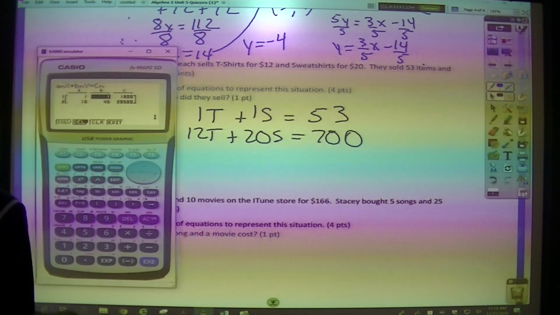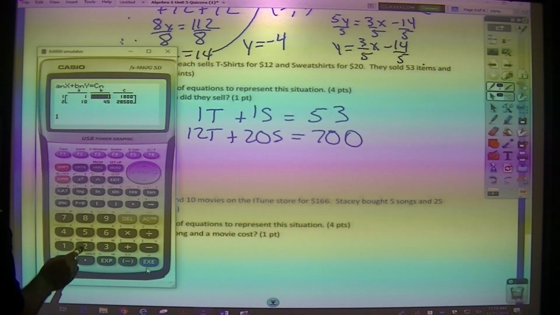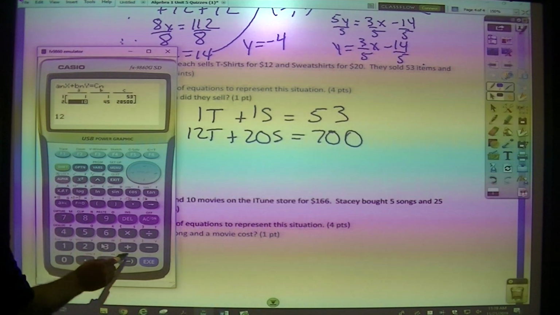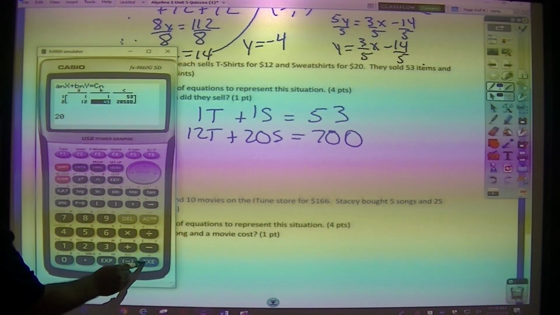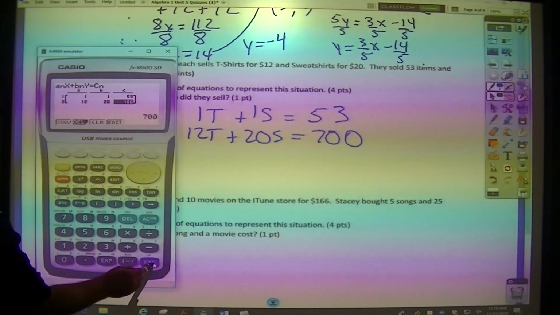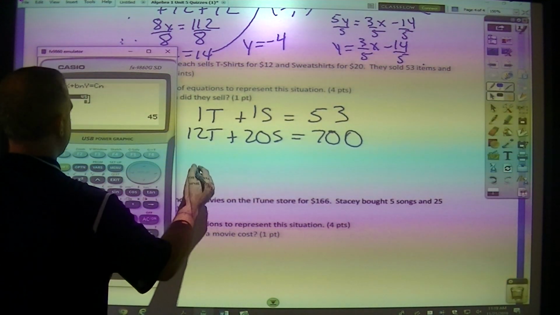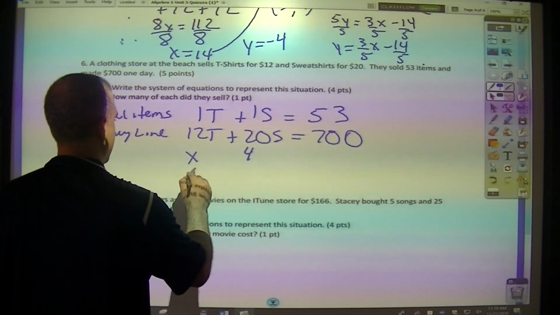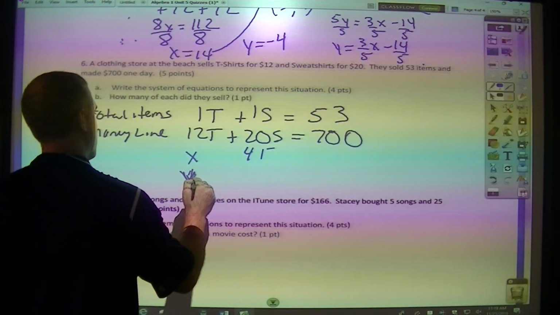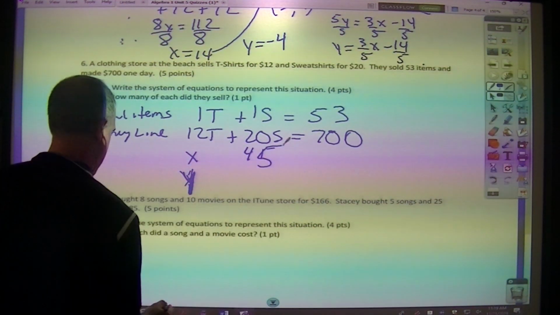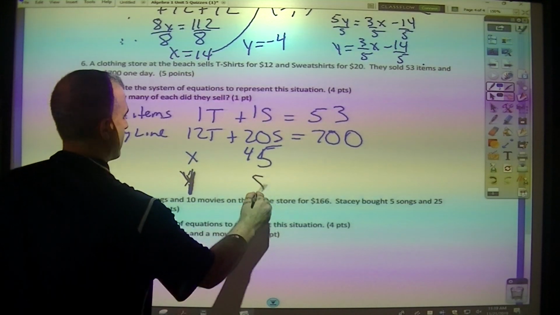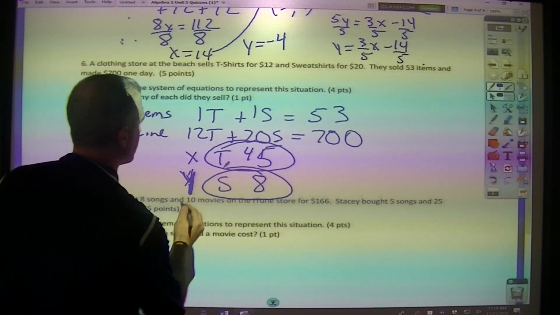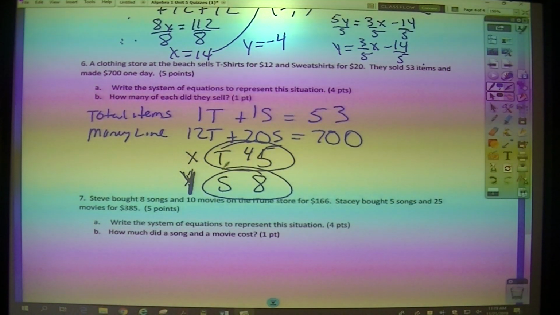So I got 1, 1, 53, and then 12, 20, 700. So this is X and Y, 45 and 8. This is the t-shirts. So they sold 45 t-shirts and 8 sweatshirts.